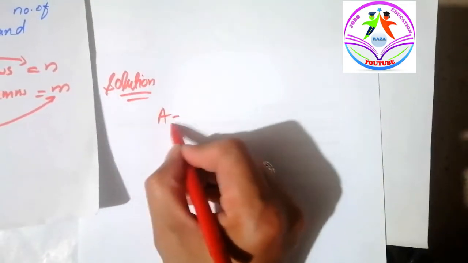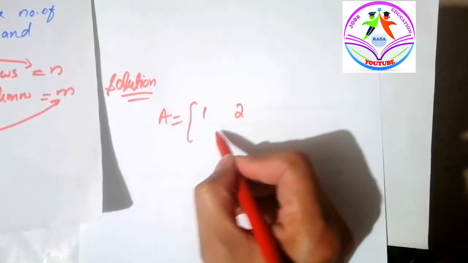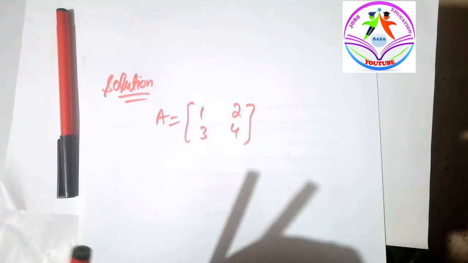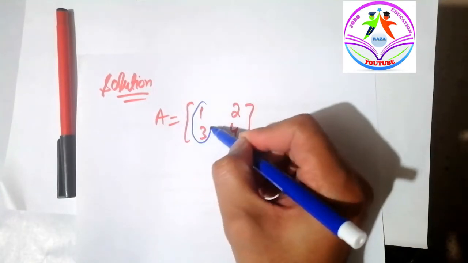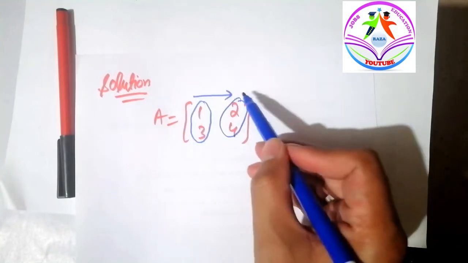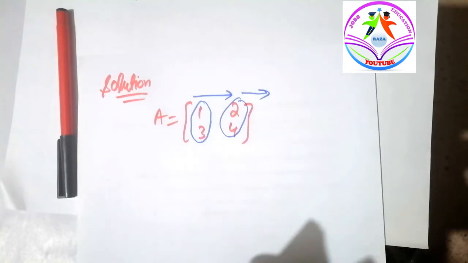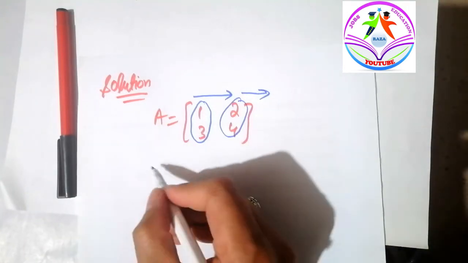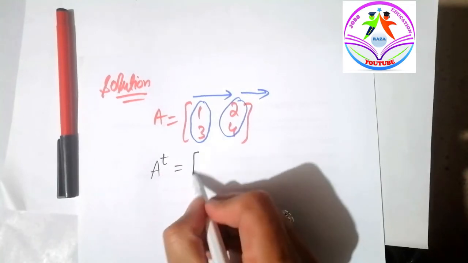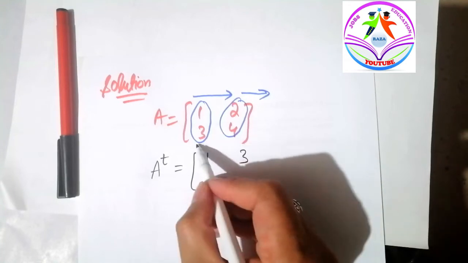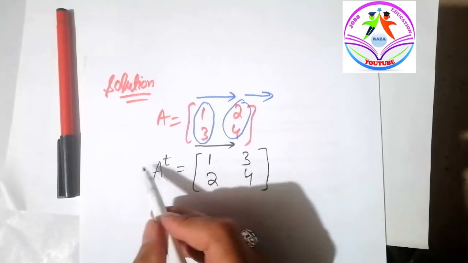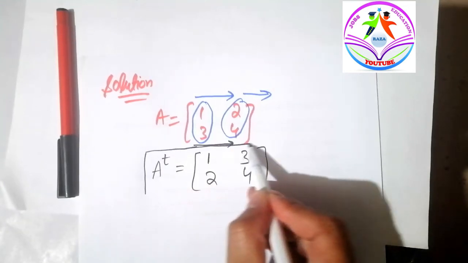Let me write it again, 1, 2, 3, 4, so you will understand it properly. We can write the solution of transpose matrix with the T. We can say that 1, 3 and 2 and 4. This is the transpose of a matrix.